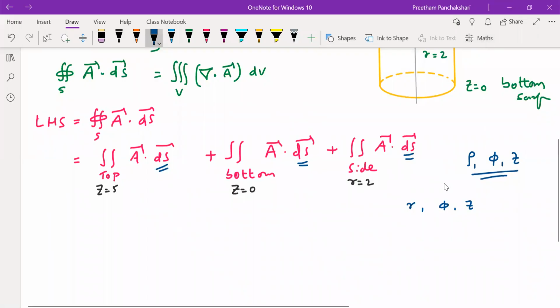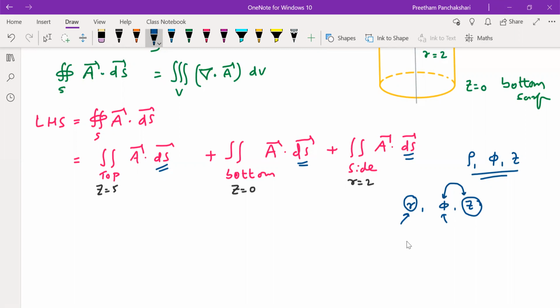For the top surface, Z is constant, Z equal to 5, so Z does not vary. Only R and phi vary. To define a surface element, we need two variables. So for the top surface, the variables are R and phi. Similarly for the bottom surface. Whereas on the cylindrical side, R remains constant, and only phi and Z are variable.